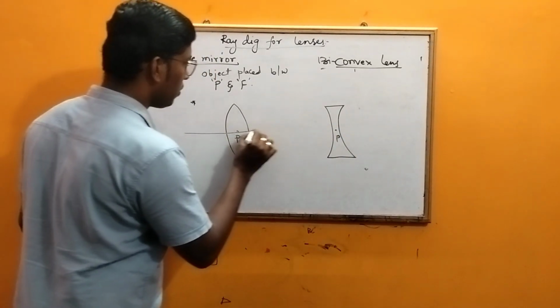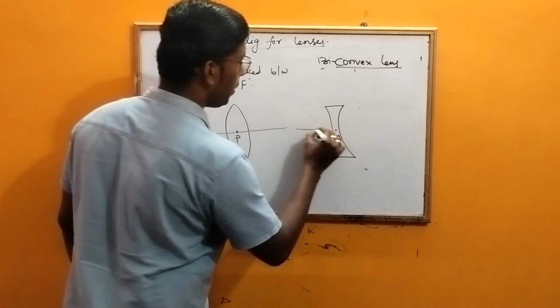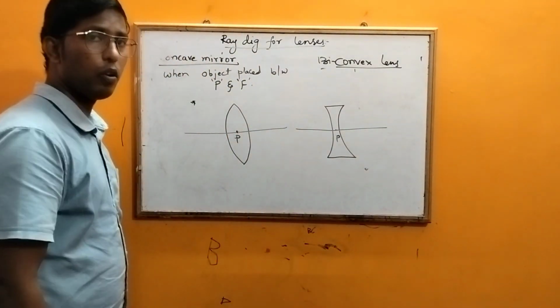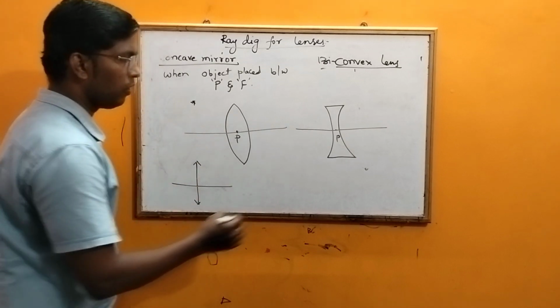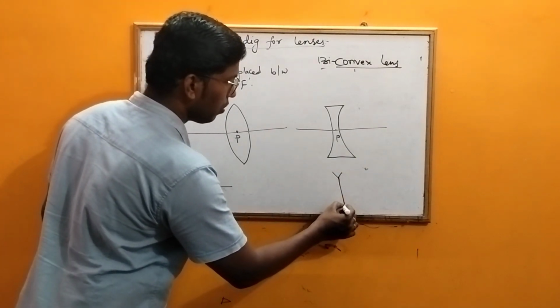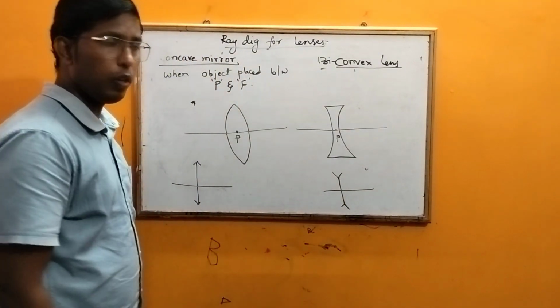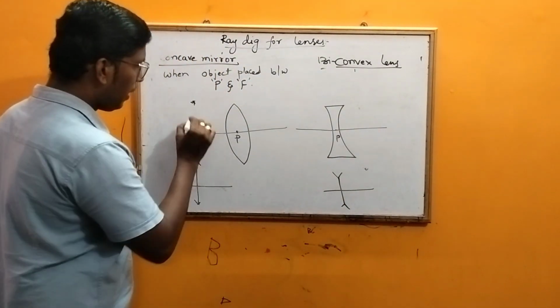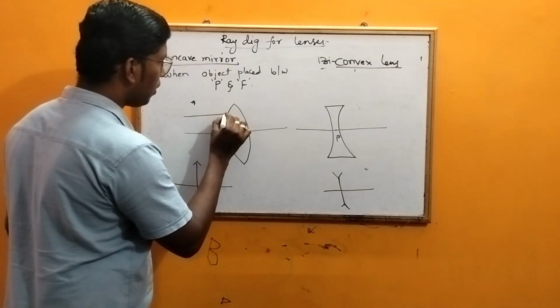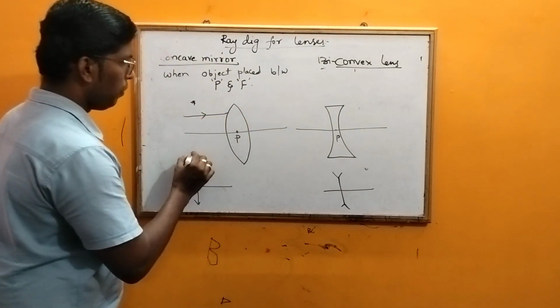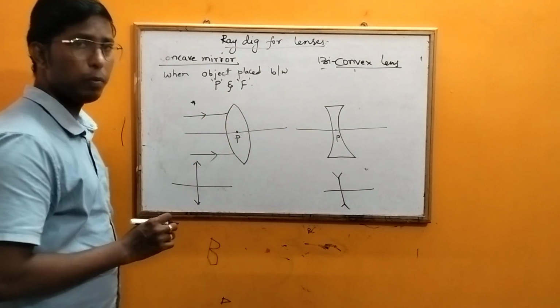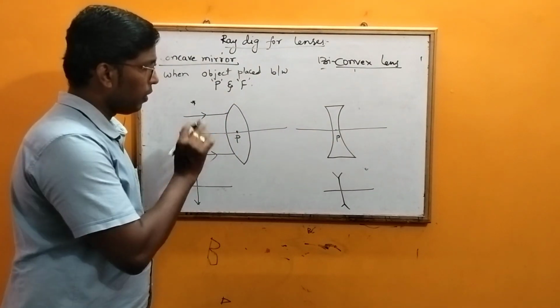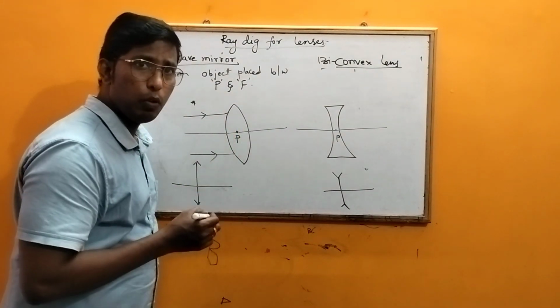And this is the principal axis for the convex lens and the principal axis for the biconcave lens. Suppose I use the symbol, this will be the structure. If I use the symbol for this, this will be the structure. Okay, fine. When a light ray passes parallel to the principal axis, okay, parallel to the principal axis, one more point you should remember. Many of the students will make mistakes here.